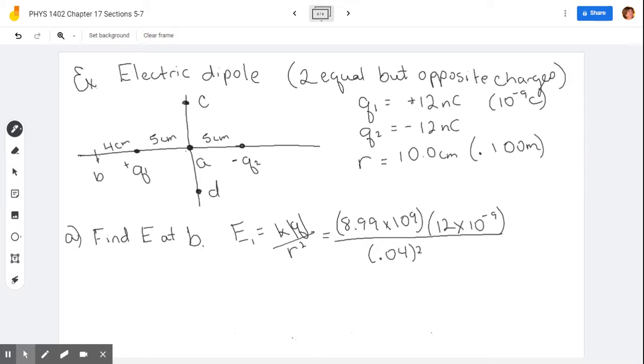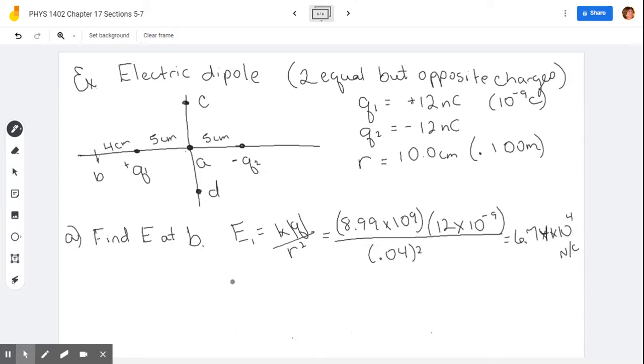And that comes out to be, and I'm going to keep an extra digit or so because this is not going to be quite as simple, 6.74 times 10 to the 4th newtons per coulomb. So a little bit stronger because it's closer.